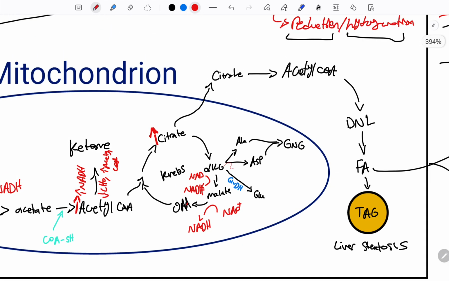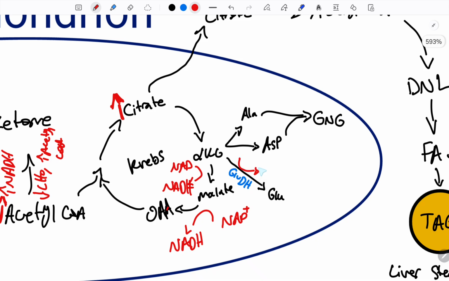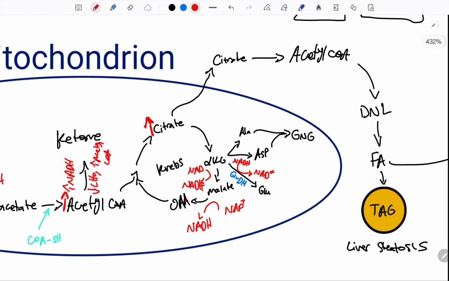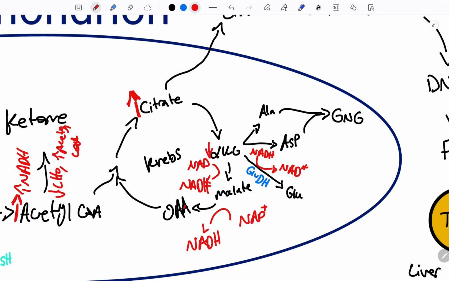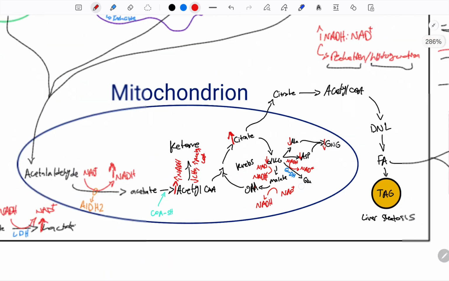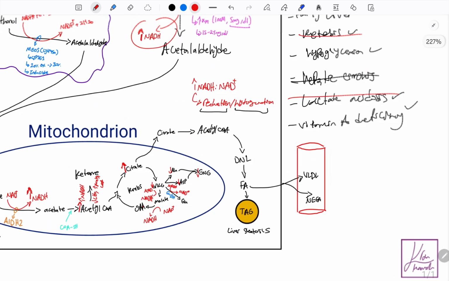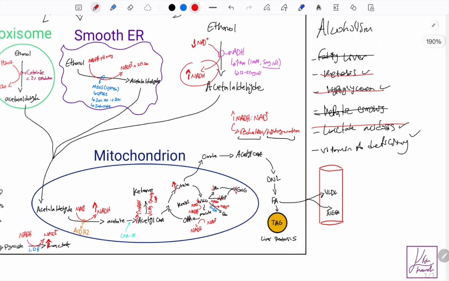This glutamate dehydrogenase takes NADH and converts it into NAD positive, right? That reduction reaction that we were looking for to restore homeostasis. So because of the elevated NADH to NAD ratio, I'm actually depleting my levels of alpha-ketoglutarate. And if I have low amounts of this, I have low amounts of this, and I have low amounts of this, which means I will have low amounts of gluconeogenesis, which means my blood glucose levels will start to go down. Okay, I might become hypoglycemic. So that is another possible condition.